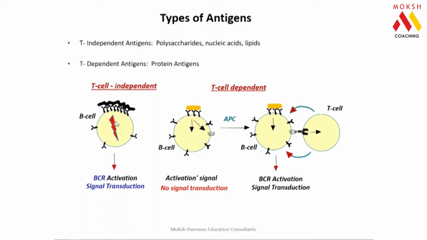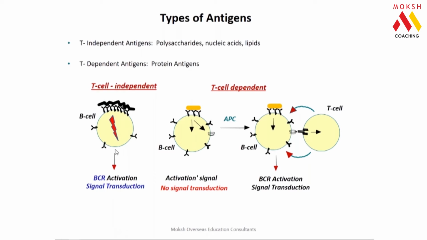Now, the only problem with this process, do you know what the problem is? Well, the B cell gets activated and will basically make more B cells. However, that B cell will not be able to change its class. It will not class switch because unless you have a signal from a T cell, this B cell will only make the same B cell, same B cell, same B cell.